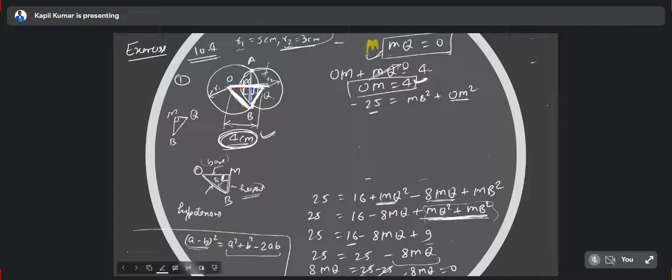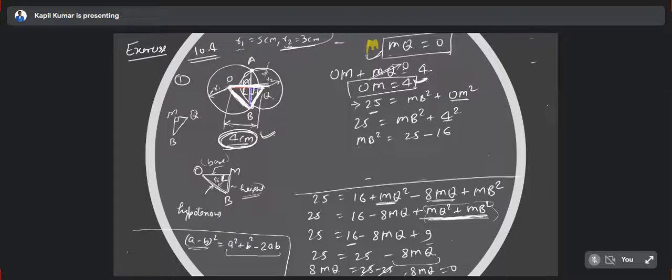So 25 is equal to MB square plus 4 square, right? So MB square is equal to 25 minus 4 square, which means 16, so it will go minus 16.